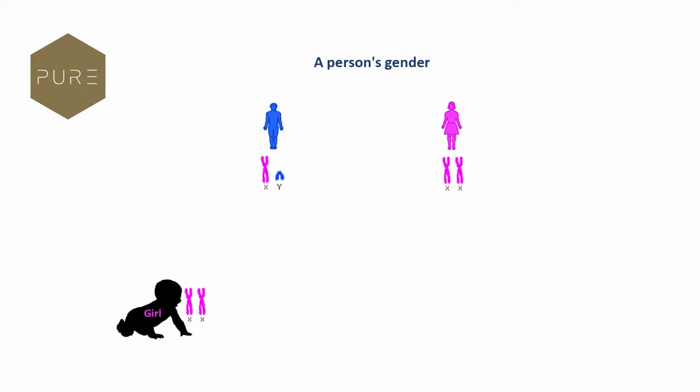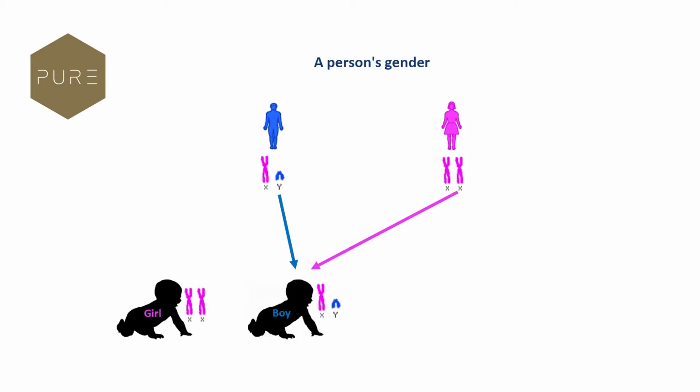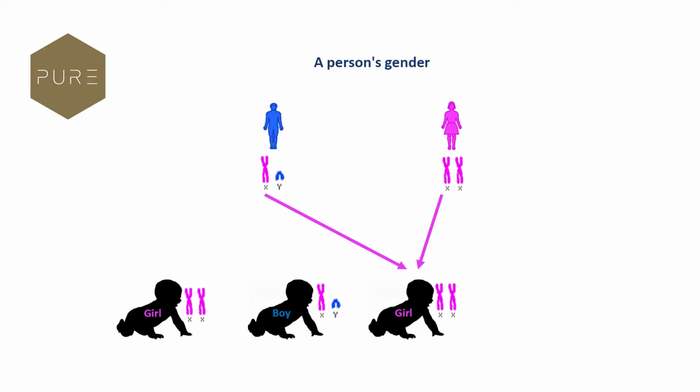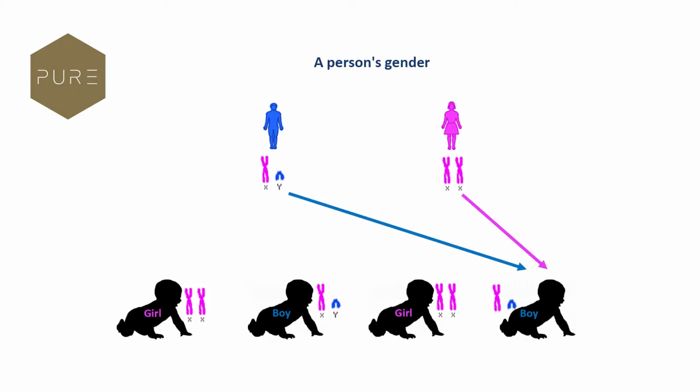So 2 X chromosomes, it's a girl. If the man produces a sperm that has a Y chromosome, so with a 50-50 chance, then the baby will get 1 Y from the father and 1 X from the mother, and will be a boy. And again, XX is a girl and XY will be a boy.